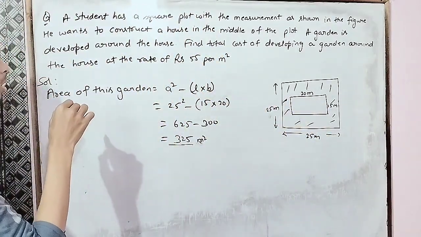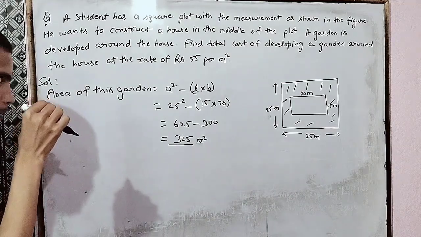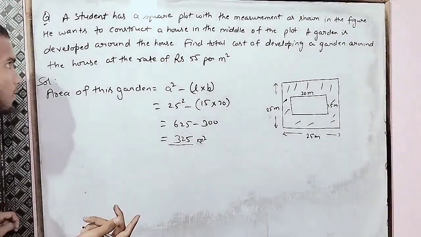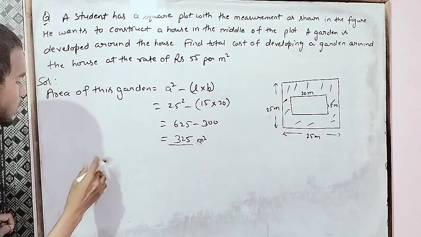Now, at a rate of per meter square it is 55. So here we have 325 meter square.